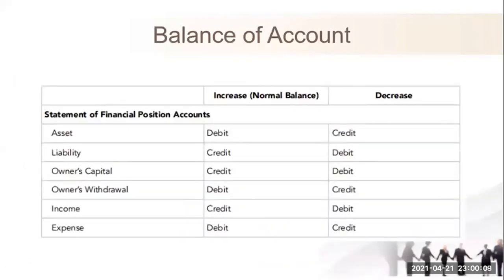Yan. So, ito yung mga normal balance natin. Okay, so alalahanin natin lagi. Normal balance ha, normal balance. Pero hindi naman talaga totally na dapat pag mga asset accounts, magiging credit siya or debit.